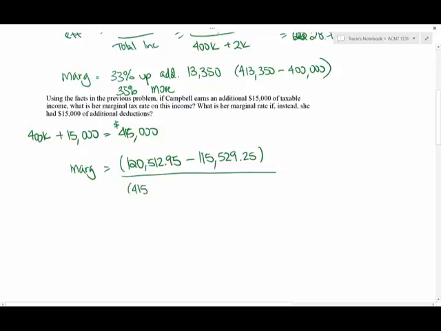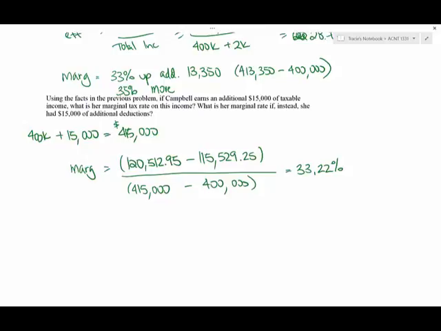So $415,000 is my new taxable income, $400,000 is my old taxable income, and that gets me to a marginal rate of 33.22%. So that additional $15,000 of taxable income is going to be taxed at 33.22%. It's more than 33 because it bumps her into that next tax bracket, but not all of it, just a little bit into the next tax bracket, right?